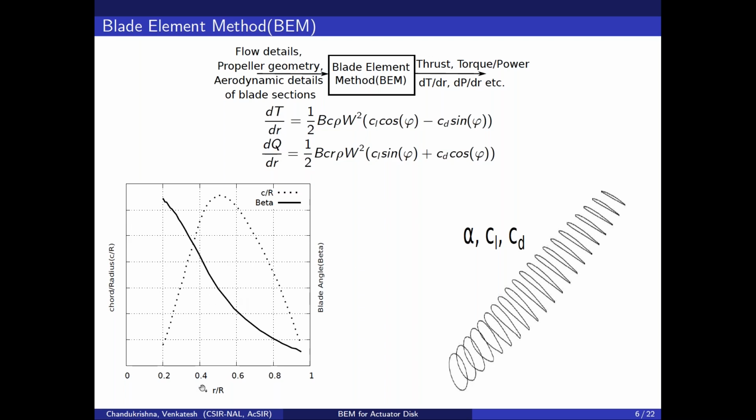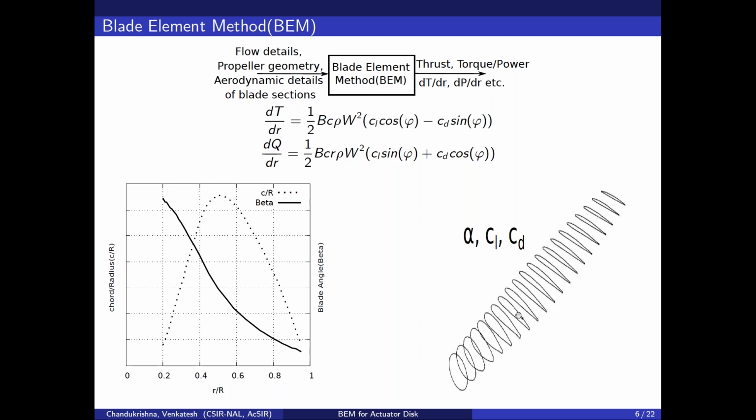The left figure shows the radial variation of the propeller geometry, plotted on some arbitrary data. We should give the radial variation of chord and also the set blade angle as an input at different radial sections. This figure on the right shows the propeller blade section at different radial stations.